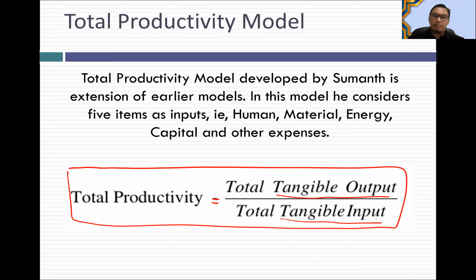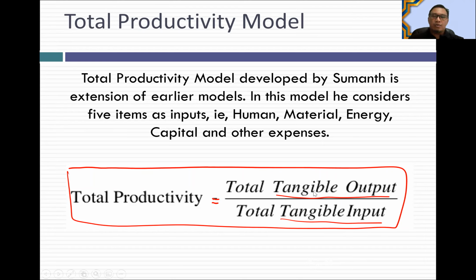So the Sumanth model only considers output and input that are tangible. Intangible output or intangible input in this case will not be considered.